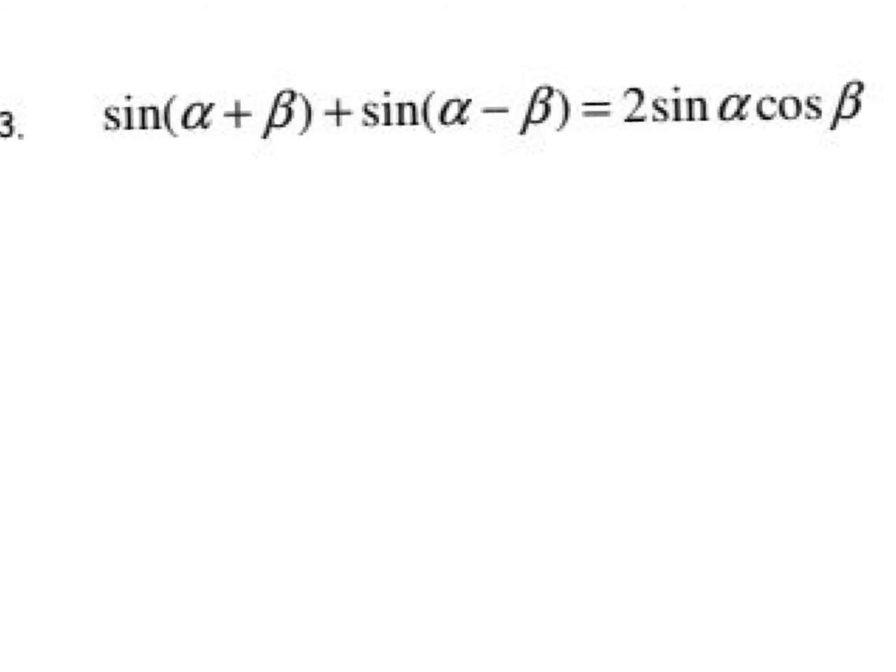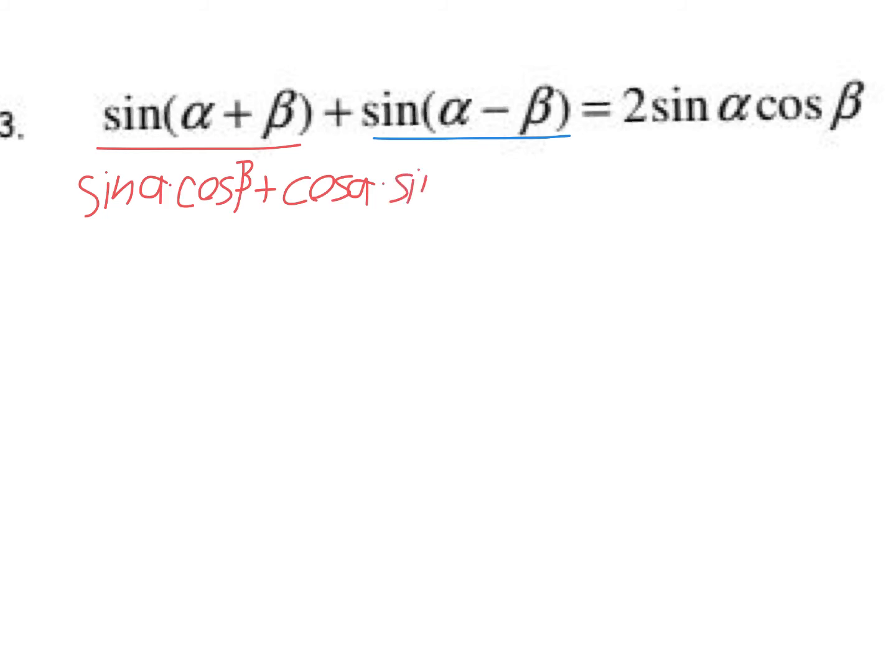I'll do this first part in red and the second part in blue, just to help you distinguish the different parts. So the sine of alpha plus beta means that we're going to do the sine of alpha times the cosine of beta, keep the same operator, plus the cosine of alpha times the sine of beta.